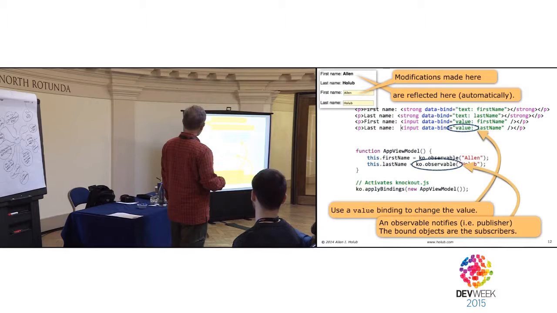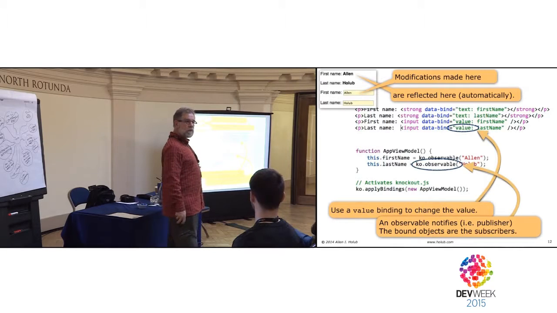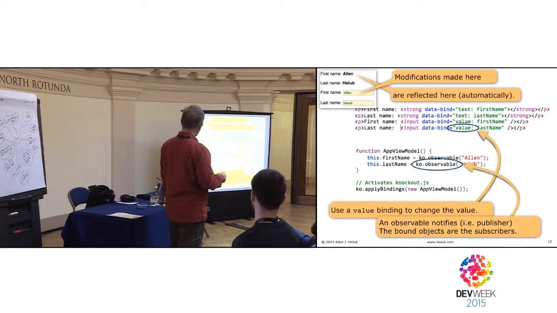So how are we making that happen? Well, first of all, these first two data bindings up at the top are the ones we were just looking at. So there's nothing particularly earth-shattering there. In other words, when first name changes, then this element's contents will change and this thing will update. The new parts are the inputs, the two input fields, which have a different kind of data binding.